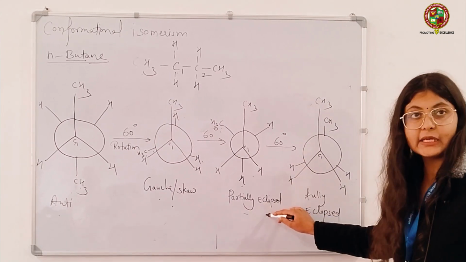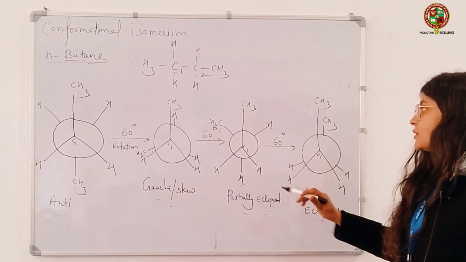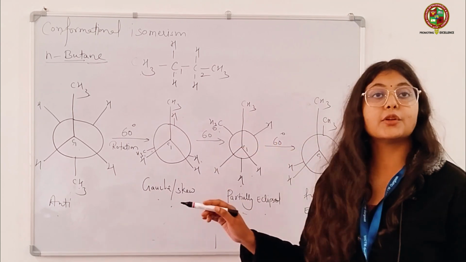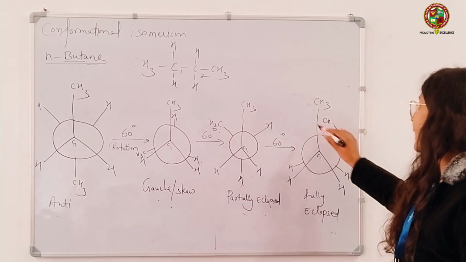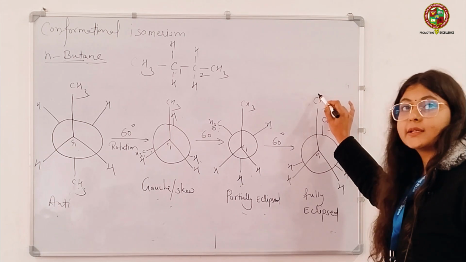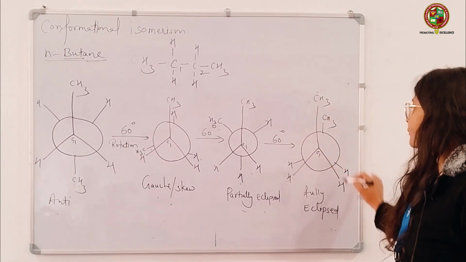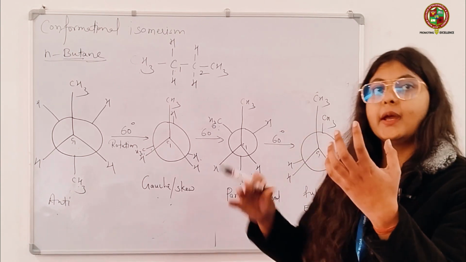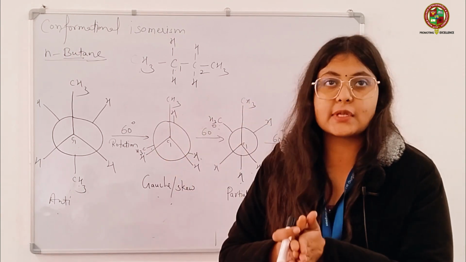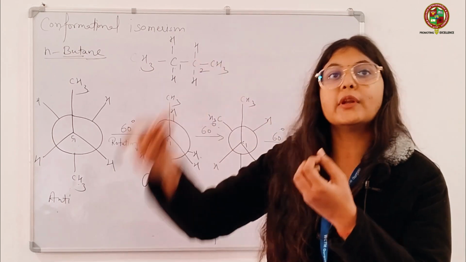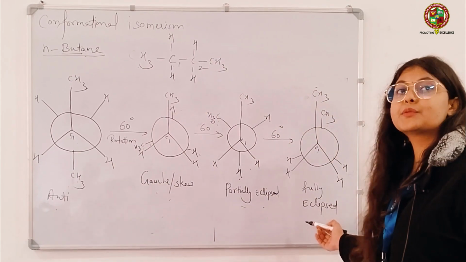This one is partially eclipsed, and the last conformation is fully eclipsed. After 60 degree rotation, CH3 comes here, exactly aligned with the CH3 of carbon 1. Now the front and back ones are eclipsed, that means one upon another. That's why it is the fully eclipsed conformation.